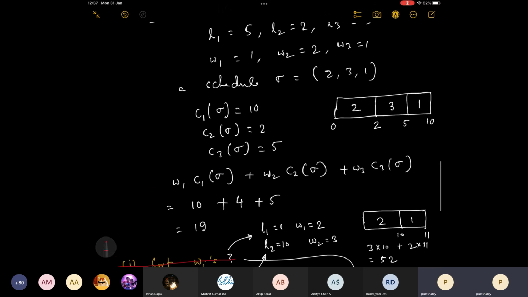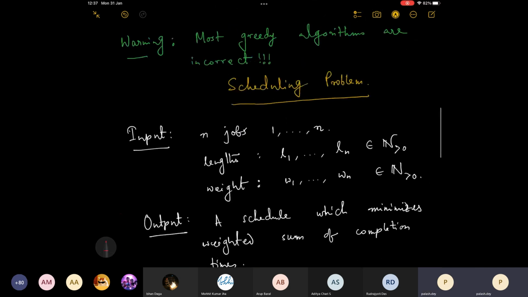Look at this problem. It has two input parameters, the lengths and weights. In assignments, you will see more interesting scheduling problems which have more parameters, like lengths, weights, and you can have a deadline or some more parameters.